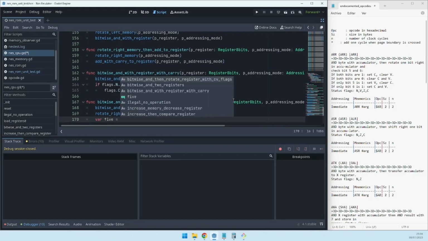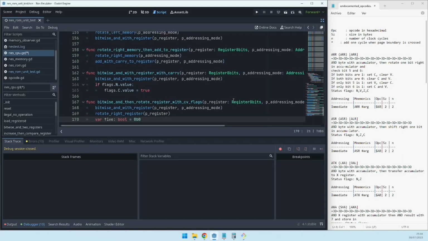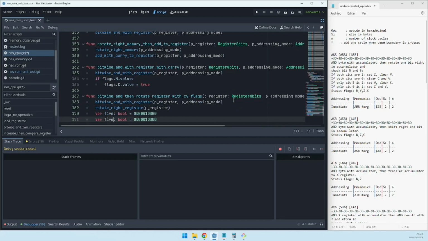Bit 5 bool equals to... 1 2 3 4 5 6 7 8, 1 2 3 4 5 6, this one.